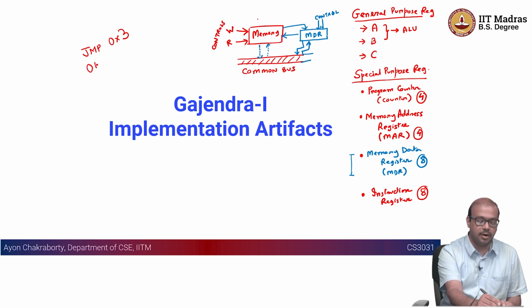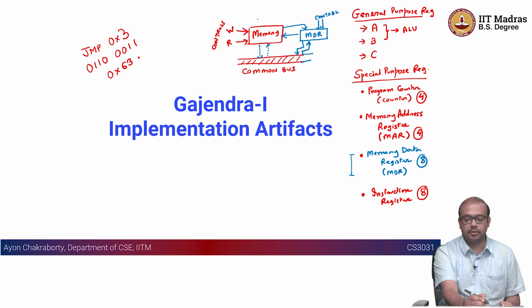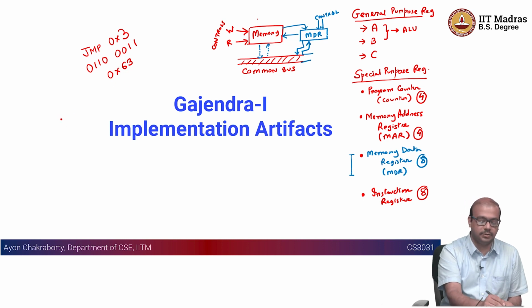So 0110, and 3 is 0011. Your machine code reads 0x63, so your instruction register is going to be loaded with this value 63, in hexadecimal. Your IR is going to contain these two parts, 6 and 3.